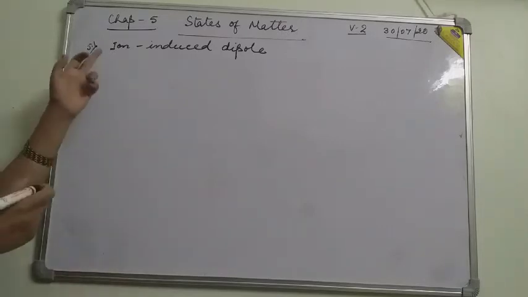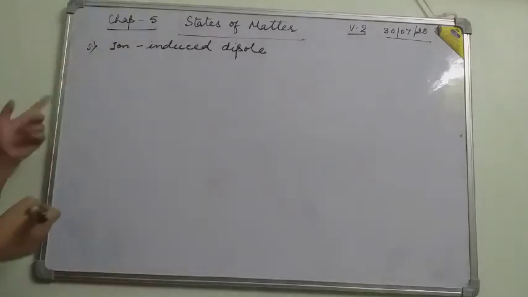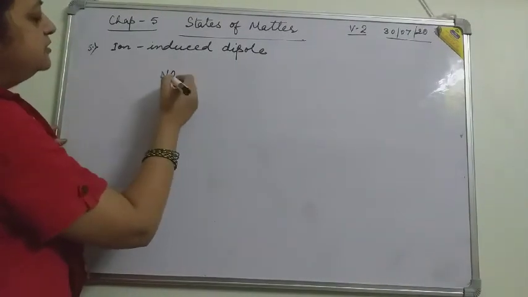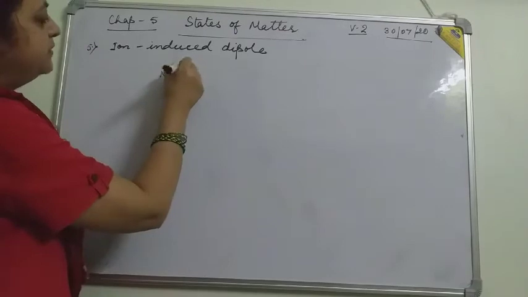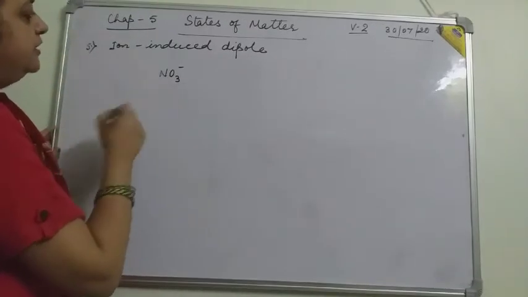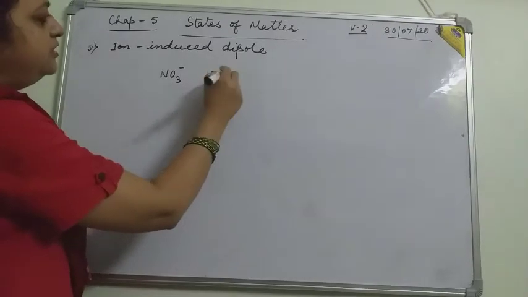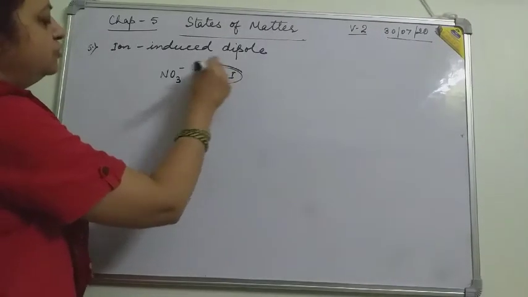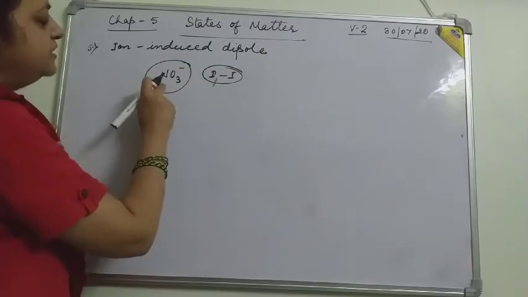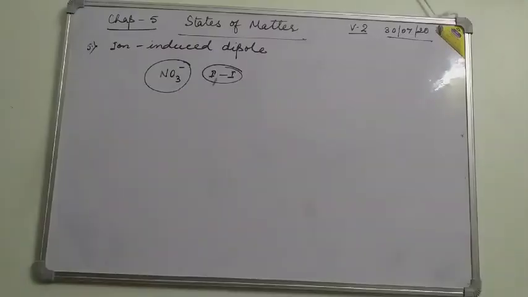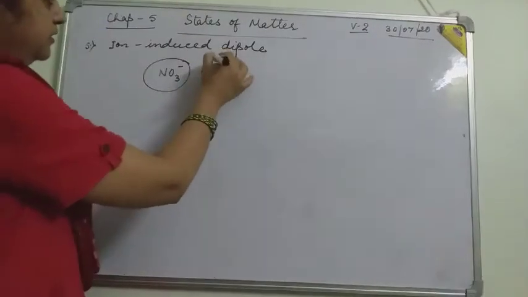Like dipole induced dipole, if we consider NO3 minus ion, nitrate, and iodine I2, due to the presence of this negative charge there is an induction of dipole in it.